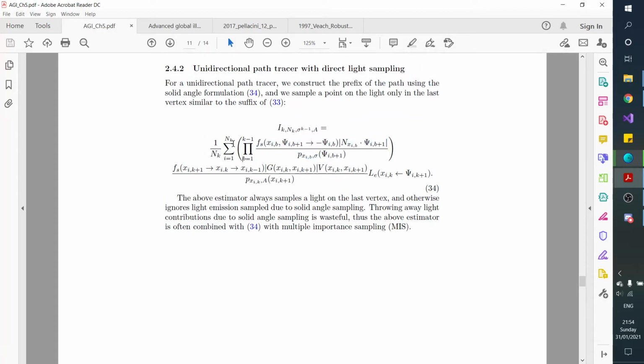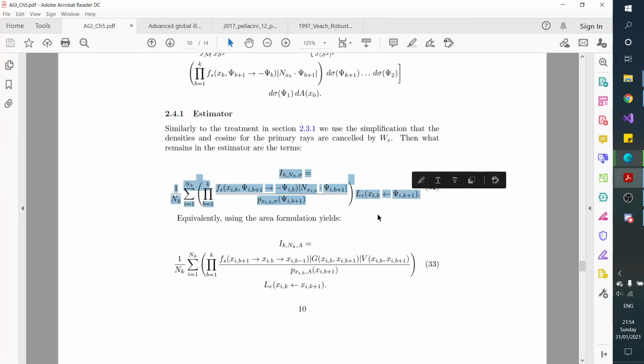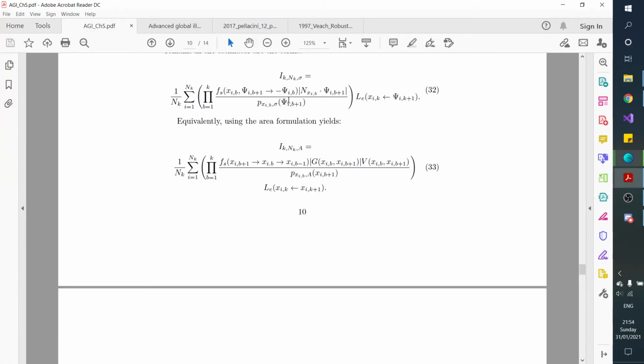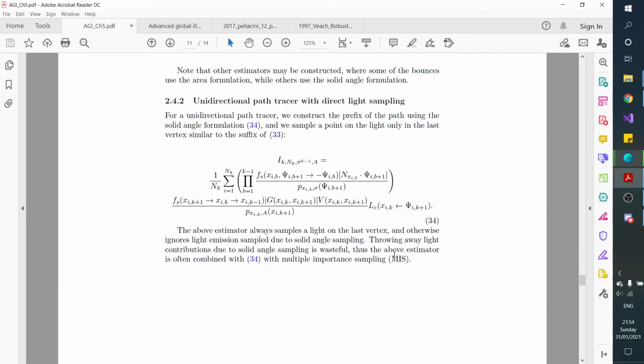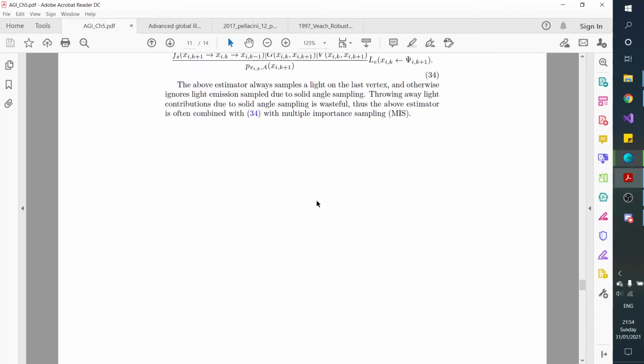What people usually use multiple importance sampling for is to combine this estimator that connects directly to the light source at the last bounce with the estimator that may hit a light source randomly. So you sample a ray and then you intersect the light source and then you can add the contribution. Otherwise, if you don't use multiple importance sampling, you cannot add the contribution there. You would only be able to add contribution that arrives from this if you use that estimator.